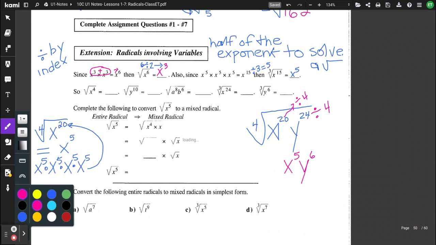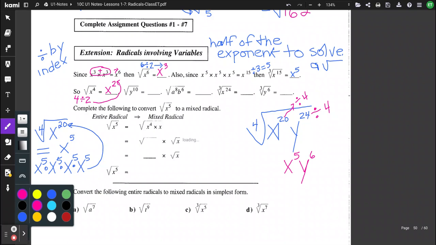Any questions about that? Let's take a look at those bottom examples there. So this one here says x to the 4. Well, I'm going to take 4 and divide by my index. So dividing by 2, which means I'm going to get x to the 2. That's how I get my 2.